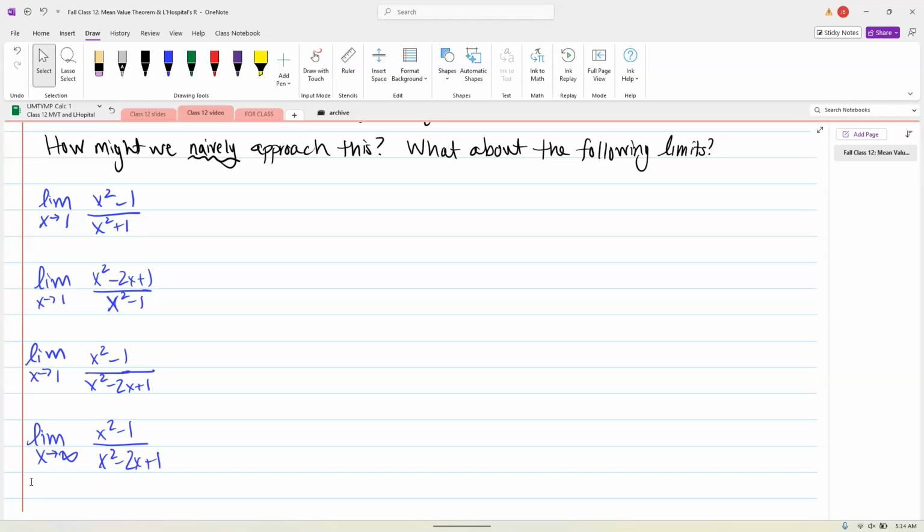Okay, when I say naively, I mean we're just gonna take a shot and see what happens, right? If we're approaching a limit at a certain point, we're gonna try putting it in. So this one we're gonna be okay, and it'll work, and then we'll build some confidence. So we just get 0. This one we get, let's see, 0 over 0, right?